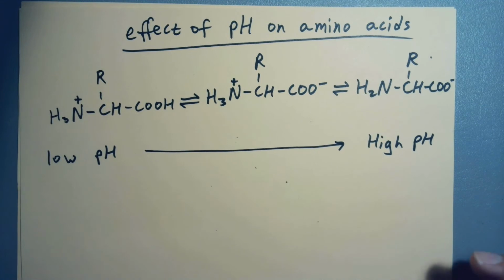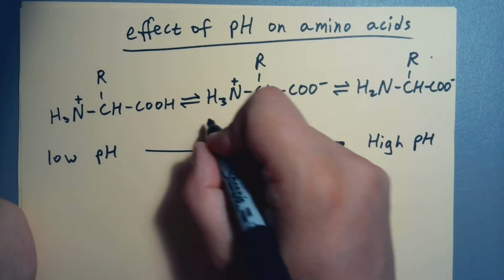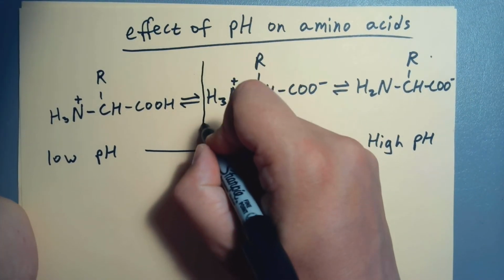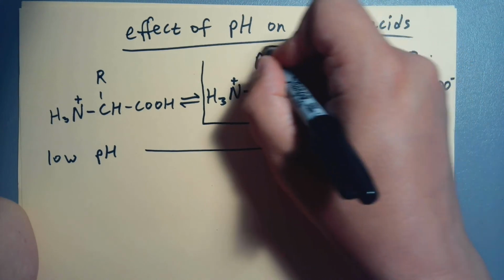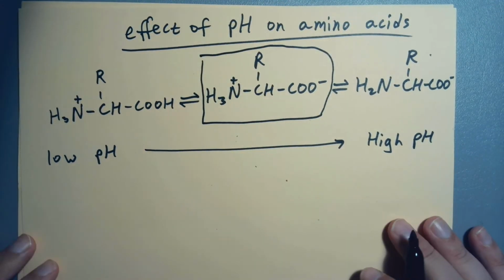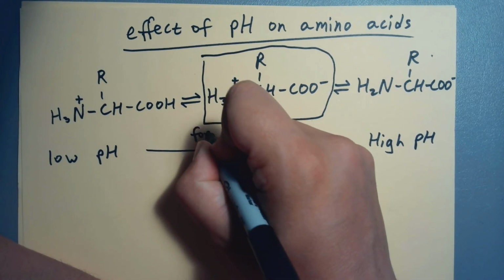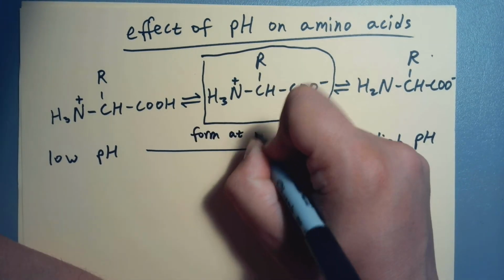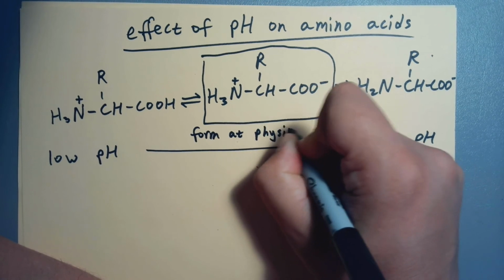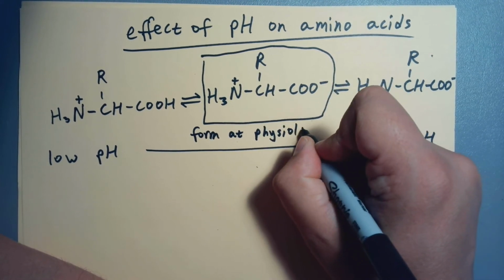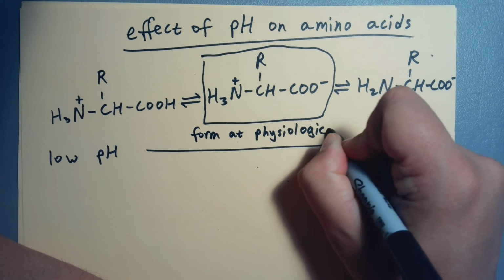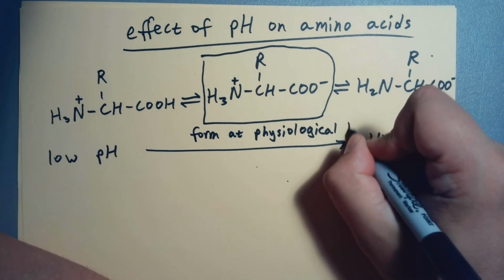Okay. Now, this middle one right here, this is the one that we see in cells. This is the form at physiological pH. So this is what they look like when they are floating around inside of us right now.